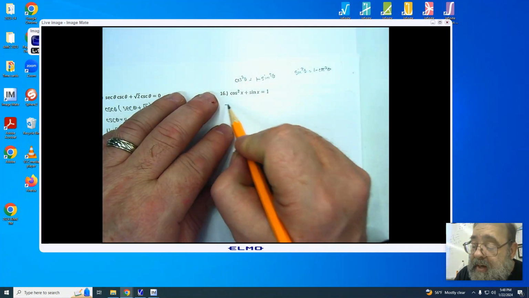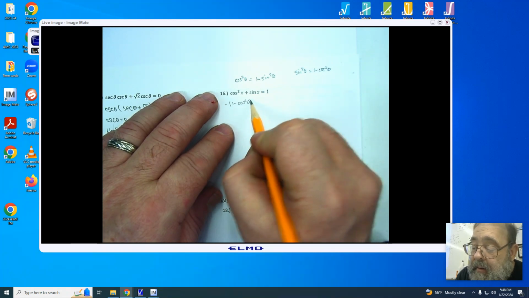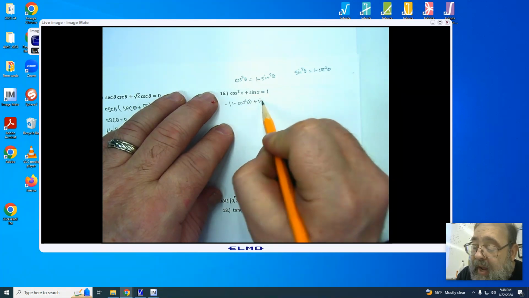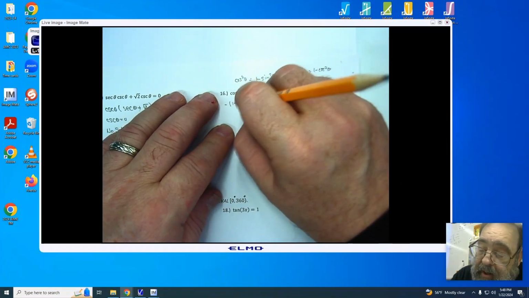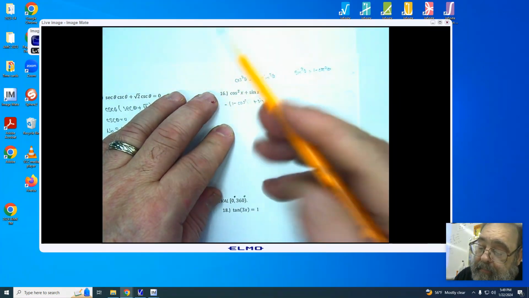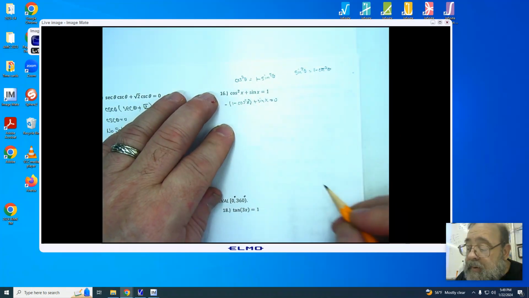So I could say that the negative of 1 minus cosine squared theta plus sine of theta, or x, excuse me, let's use the x here, is one option, and it would be equal to 0.